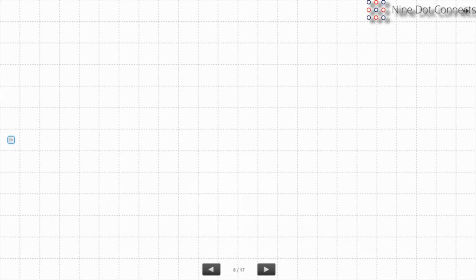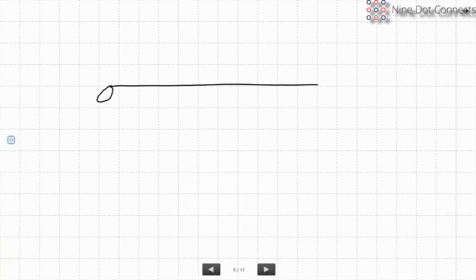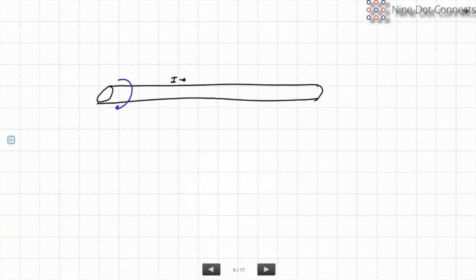Okay, so one thing I would like to show is that when currents flow in something, if I have a wire and current is flowing in this wire, we have some current flowing, it's going to create a magnetic field around the wire.